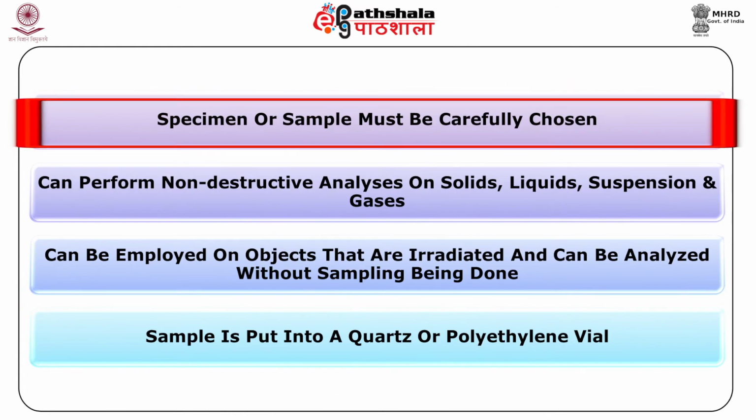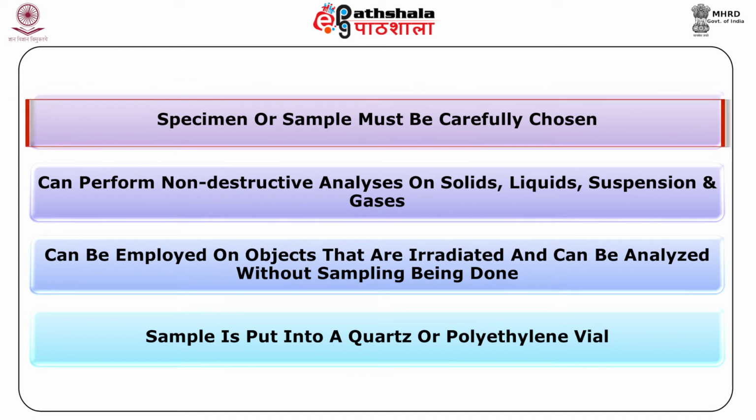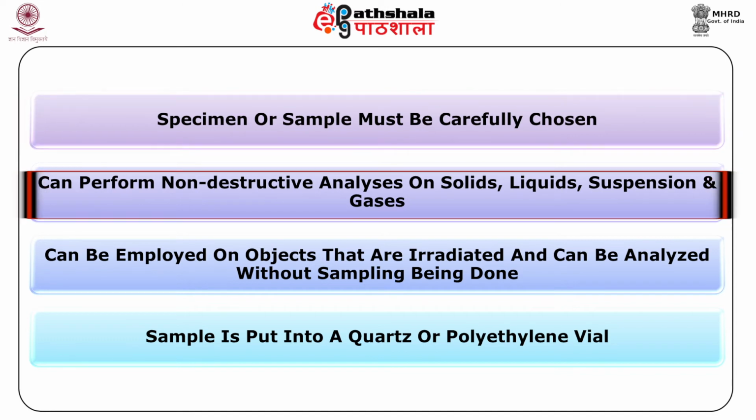For the analysis to be effective, the specimen or sample must be carefully chosen. NAA can perform non-destructive analysis on solids, liquids, suspensions, and gases with no or minimal preparation.